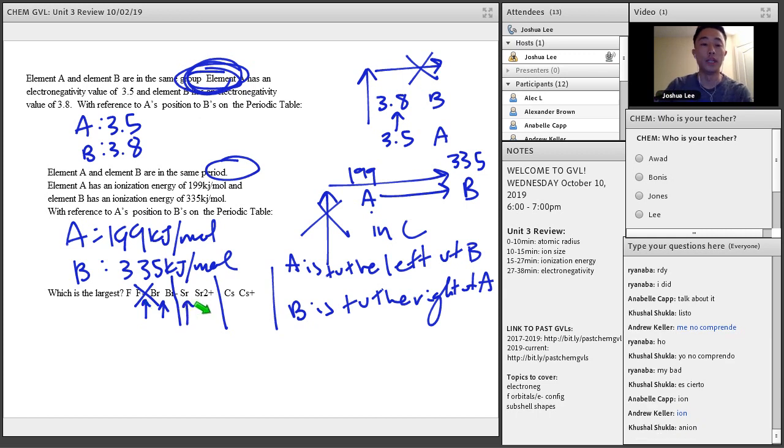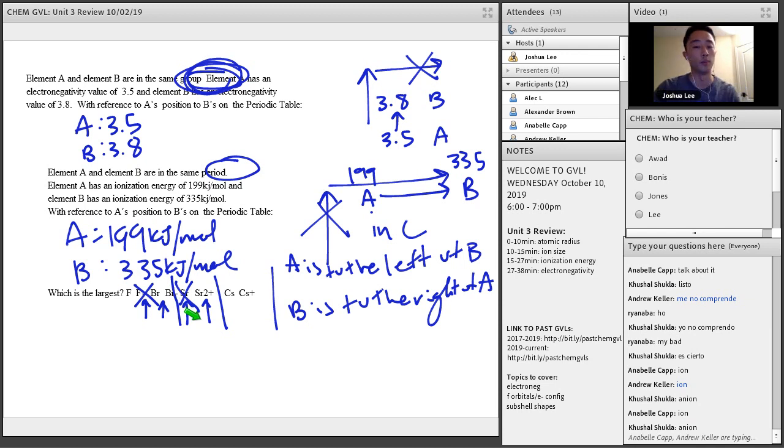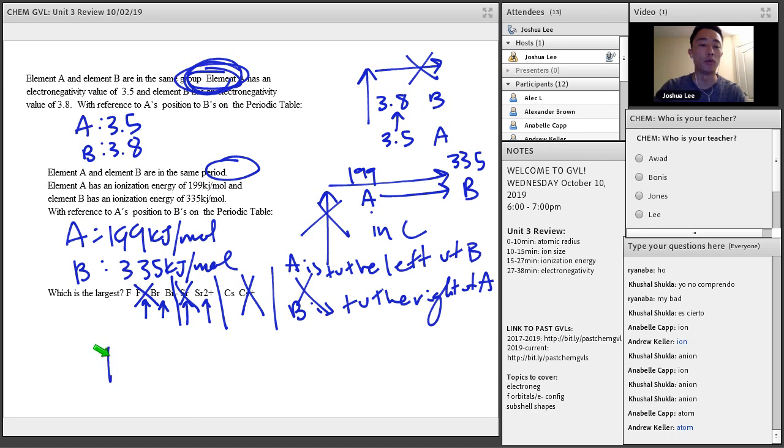Between bromine and bromine ion, which one is going to be bigger? Ion. Sorry. All right. So we could get rid of bromine. Between strontium and strontium ion, which one's going to be bigger? The atom, right? The neutral atom. So we get rid of this. Same thing with getting rid of cesium. So now our real answer choices are fluorine ion, bromine ion, strontium atom, and cesium.